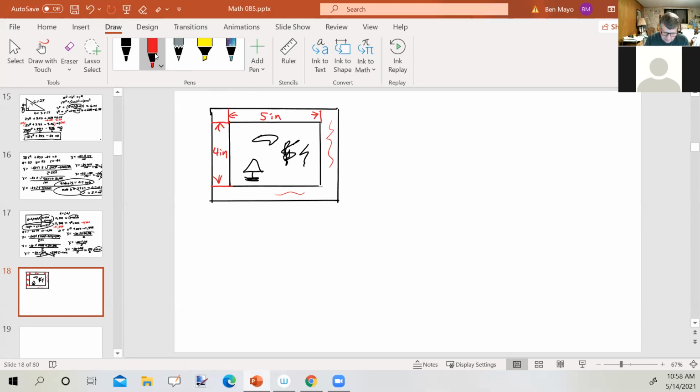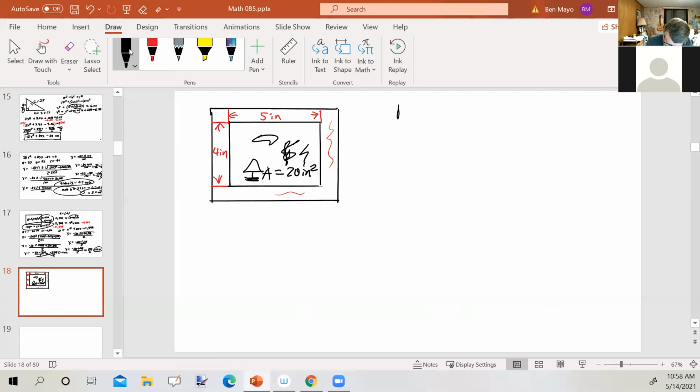Okay, now we know that the area of the picture is 20 square inches. Okay, we know that the area of the matting is equal to the area of the picture.